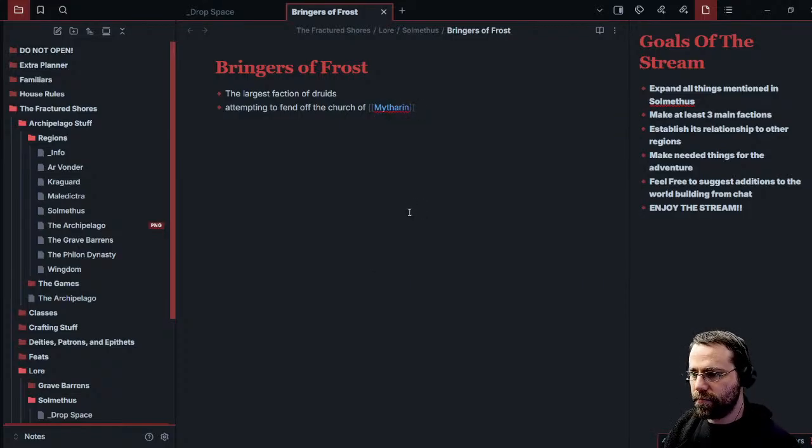Thorn. As this other smaller druidic factions resisting them.